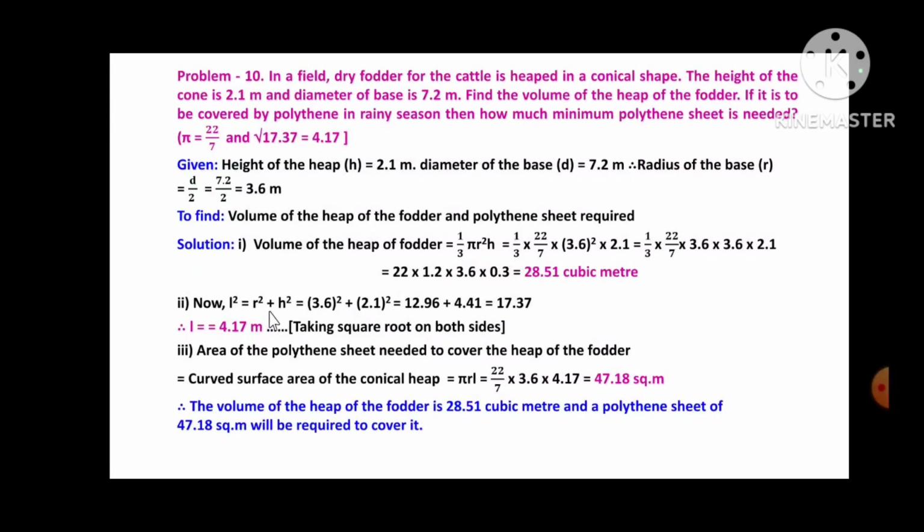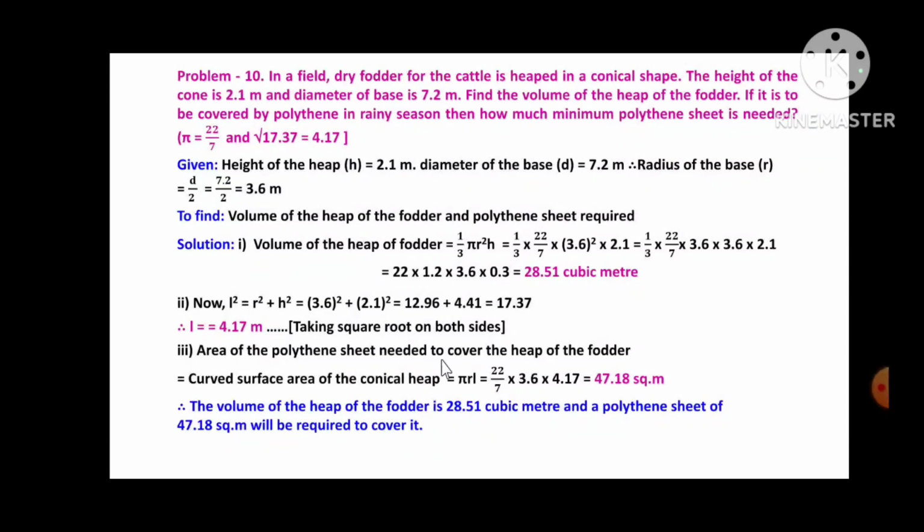Now we have L square is equal to r square plus h square. So 3.6 bracket square plus 2.1 bracket square is equal to 12.96 plus 4.41, that leads to 17.37. So taking square root on both sides, L is equal to 4.17. The value of root of 17.37, they have given 4.17.